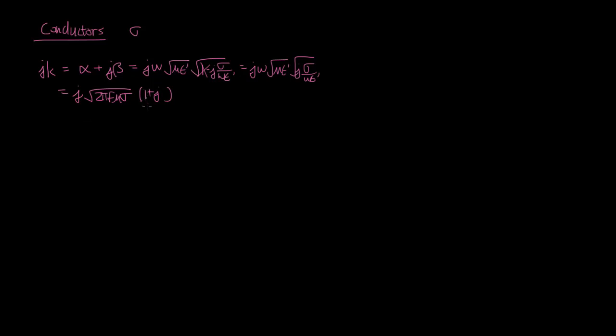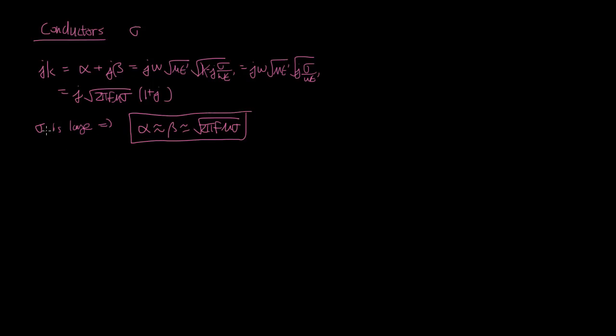So remember, the real part is alpha, the imaginary part is beta, and now you have the real part and the imaginary part being equal, right? So if sigma is large, then we end up with the expression that alpha is approximately equal to beta, and they're both approximately equal to the square root of 2 pi f, which is our omega there, mu sigma.